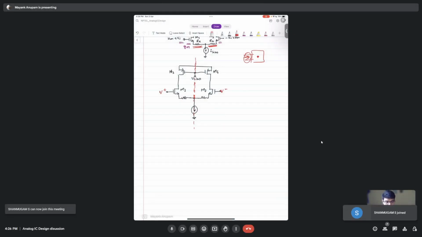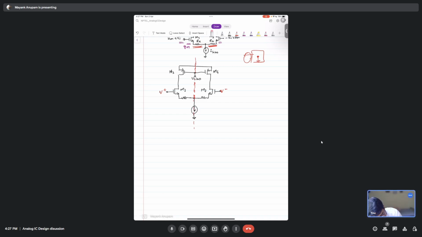What do you call that terminal where the voltage is not changing even if you apply an input? AC ground, correct. It can be called an AC ground, or small signal ground. Or in other words, it is like DC. DC never changes, isn't it? Steady state.